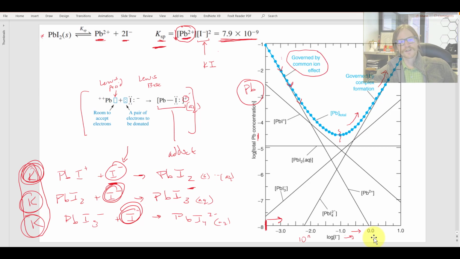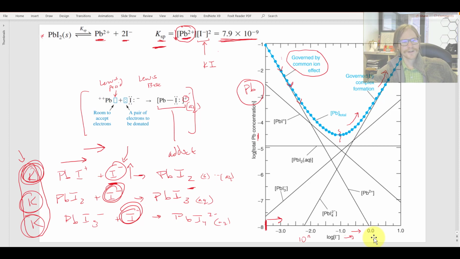But as we reach this threshold, these stepwise complex ion formations of more complex lead iodide start to take hold, and in doing so, they start to push these equilibria to the right, because you are increasing the concentration of the iodide, and that has to push this whole equilibrium to the right to get rid of that iodide.